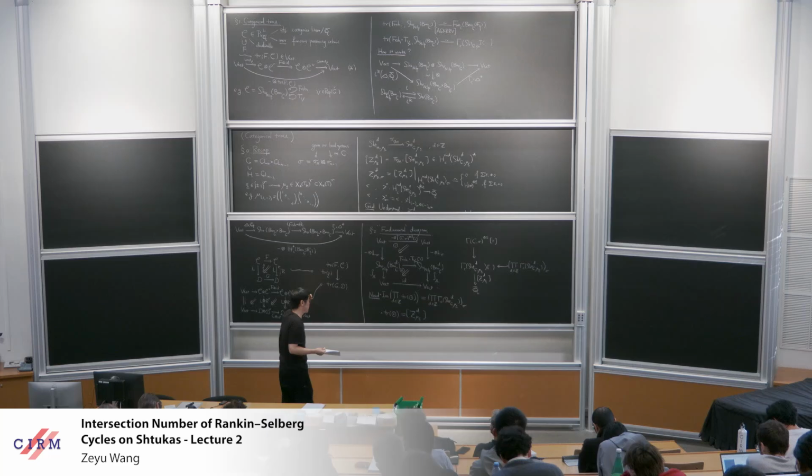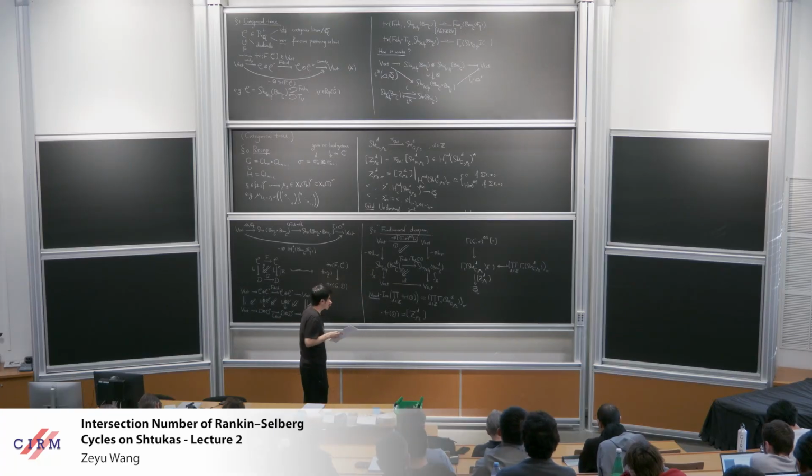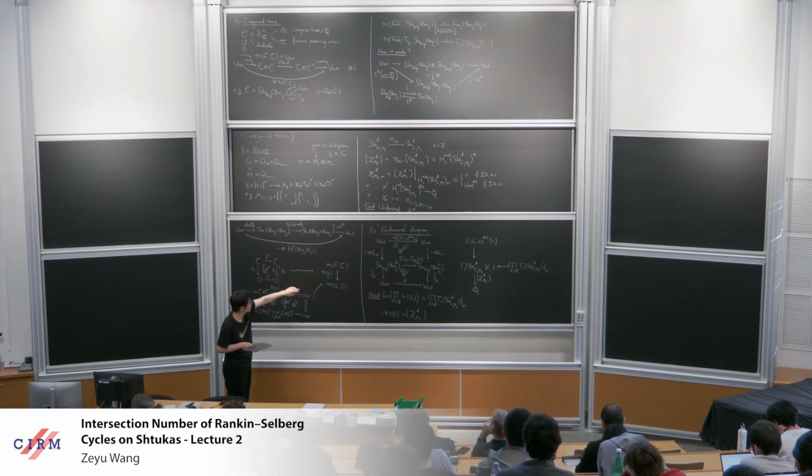Oh, and here I should say something about these two functors. Here you see that for this map between categorical traces to exist, you really need this functor to have a continuous right adjoint.